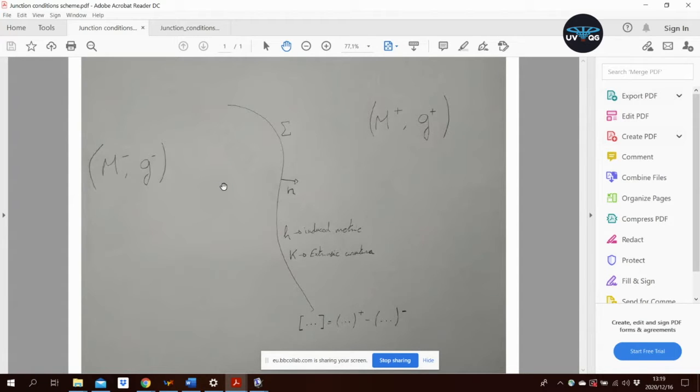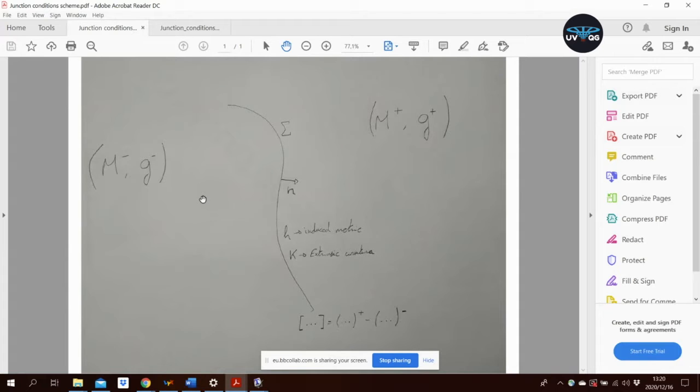So this can be defined, as Joao said, by a distribution, the Heaviside distribution, so that the quantity collapses to the value on M minus here and to the value on M plus there. And you also allow a delta term supported on the hypersurface that accounts for the effect that the hypersurface can have on these quantities.